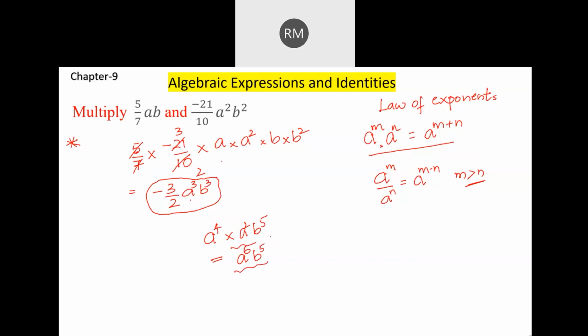Now you are telling the correct answer, but in the examination, what happens is 4 twos are 8, you will write a to the power of 8 and b to the power of 5. This will be wrong. The reason is we have to use the law of exponents.